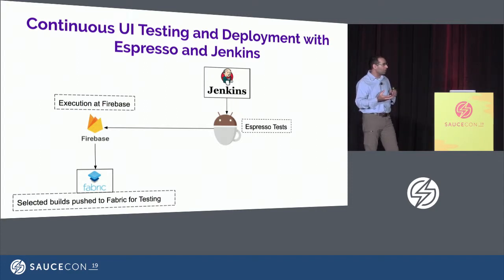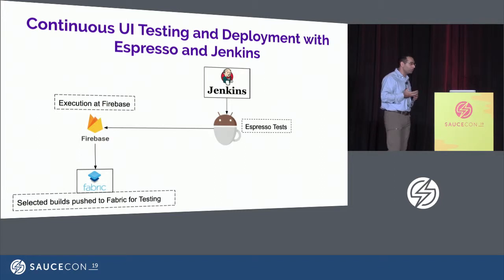In my case, I'm using Firebase, which has different collections of virtual and real devices. You can choose what device you want to run against, and it will run on Firebase. Selected builds are pushed to Fabric, and when pushed to Fabric, all the concerned people in the Fabric group get a message that a new build is there, and they can download this build from Fabric to test it.